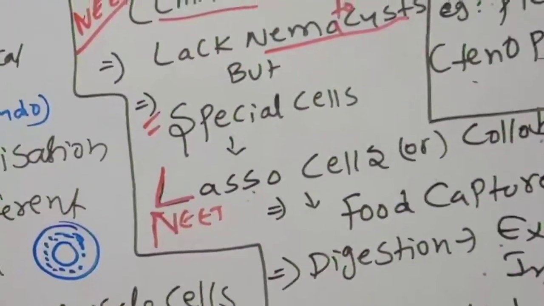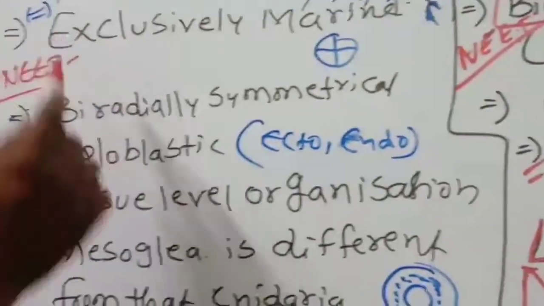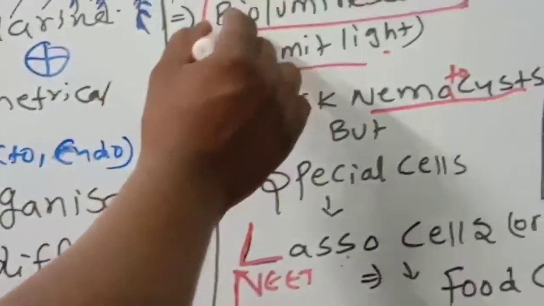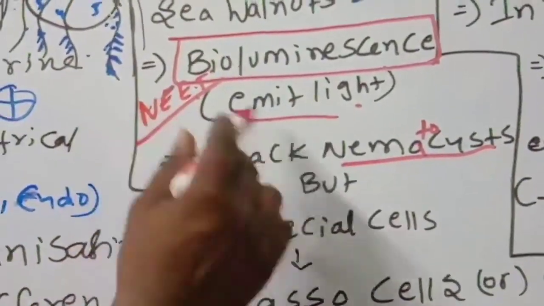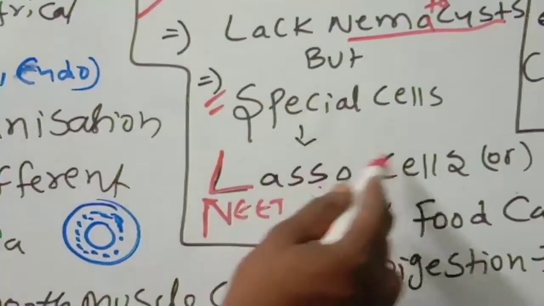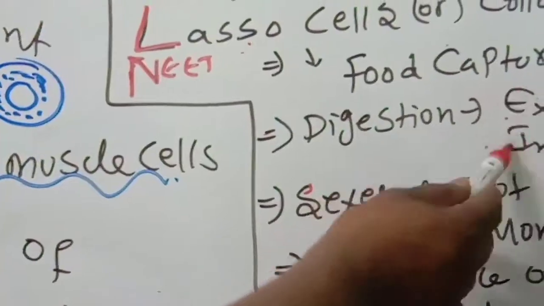So children, what are the NEET bits? They have amoebocytes and smooth muscle cells. They are exclusively marine. They have ciliated comb plates. They exhibit bioluminescence. They lack nematocysts, but special cells, lasso cells or colloblasts, are helpful for food capturing. Digestion is extracellular and intracellular.